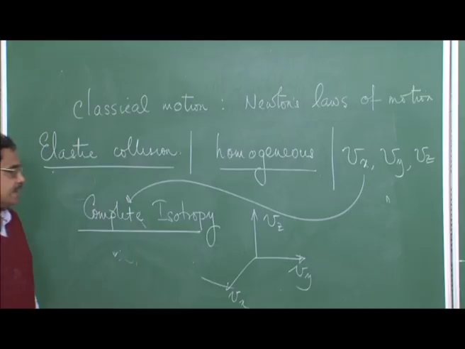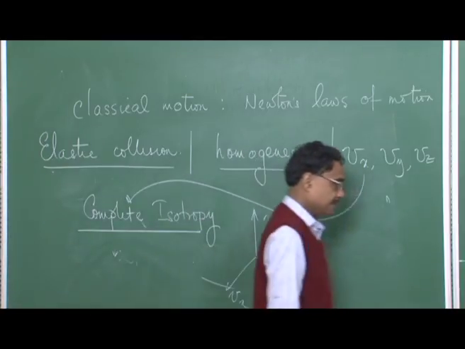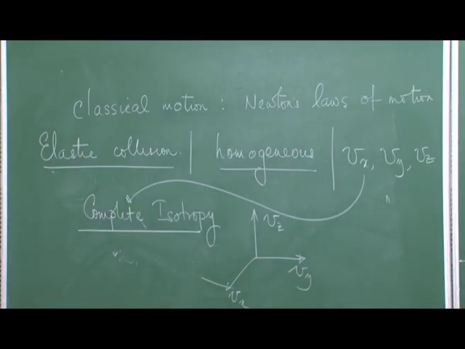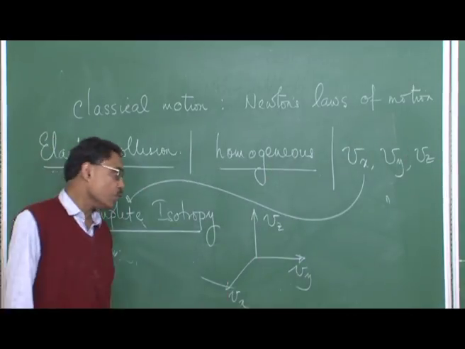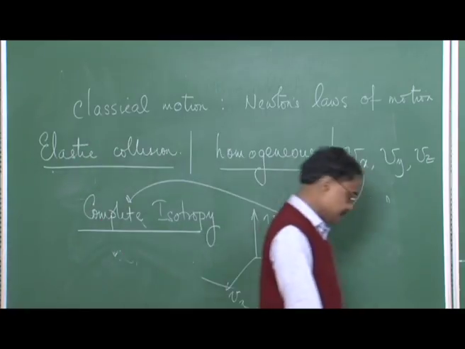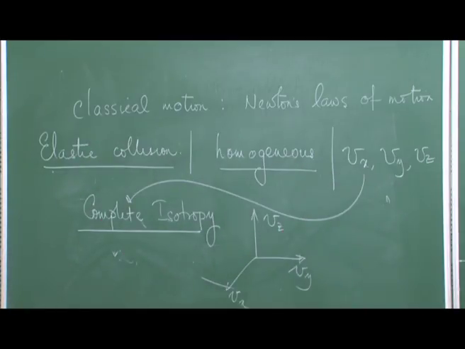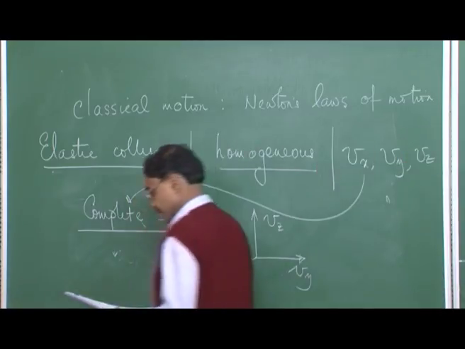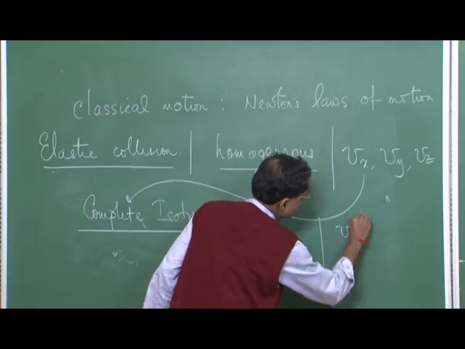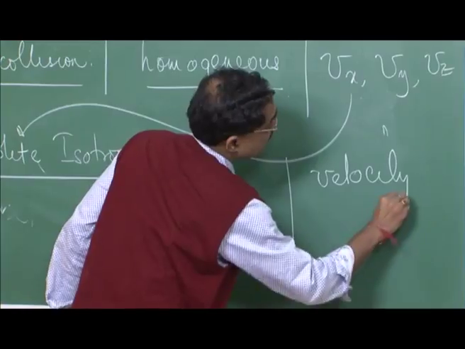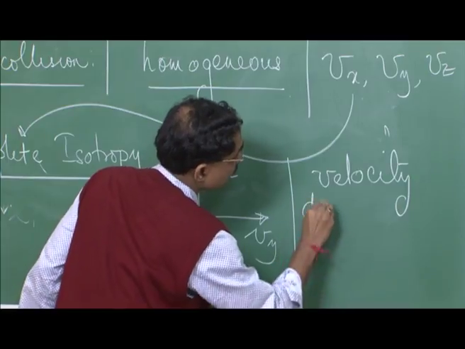If I measure something in the x direction for velocity, I will have the same for y and z. There is no way I can distinguish that this is the Vx direction, this is the Vy direction, this is the Vz direction. Now, there will be a distribution of velocities, which I will call the velocity distribution.